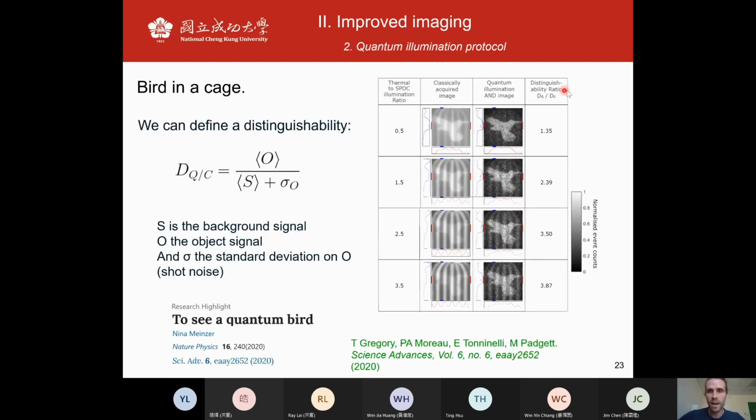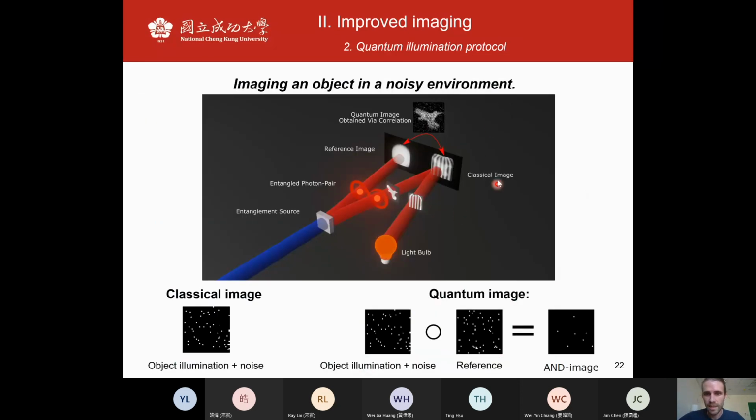So those are the earlier images that we obtained. I should mention that what I call the classical image here is directly the light intensity that you detect.